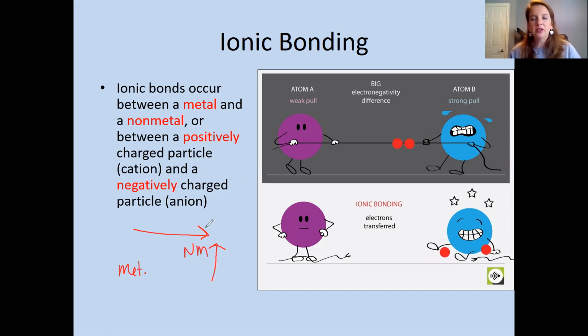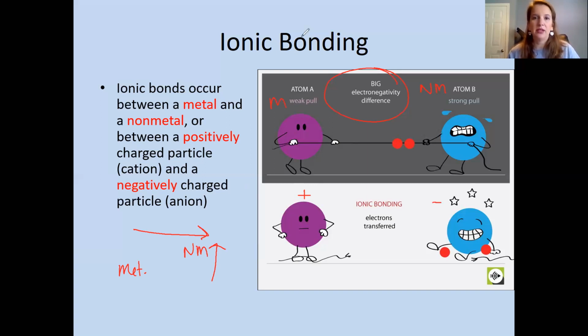So comparatively, there's a big electronegativity difference between the metals and the nonmetals. So when you have this big electronegativity difference, when the nonmetal has a high electronegativity, and the metal has a weak or low electronegativity, that nonmetal can pull the electrons towards its nucleus, leaving you with a positive ion and a negative ion.